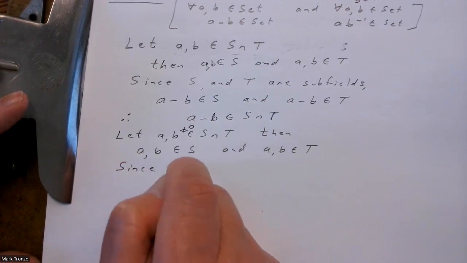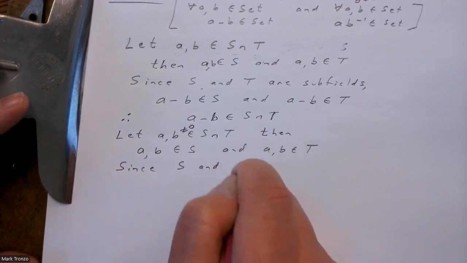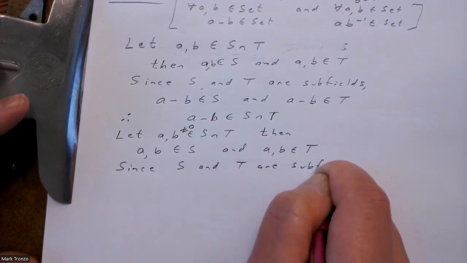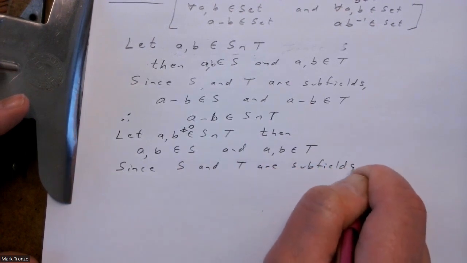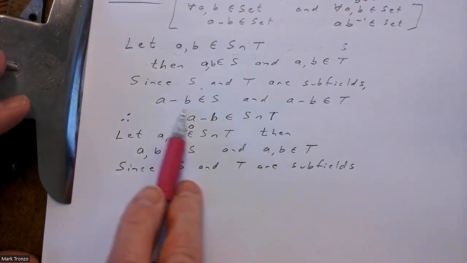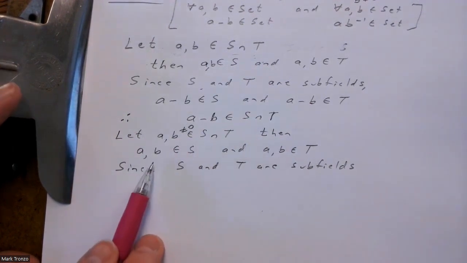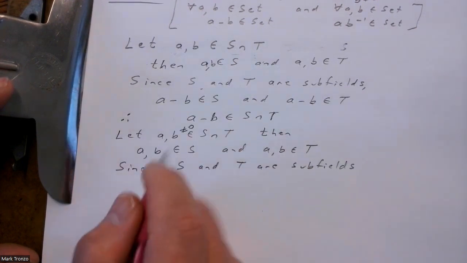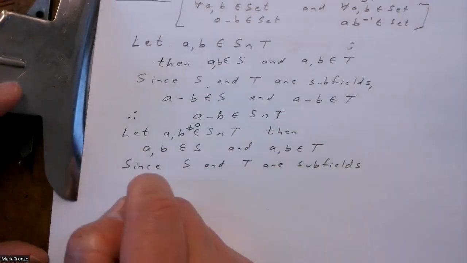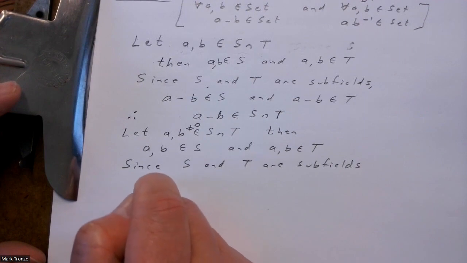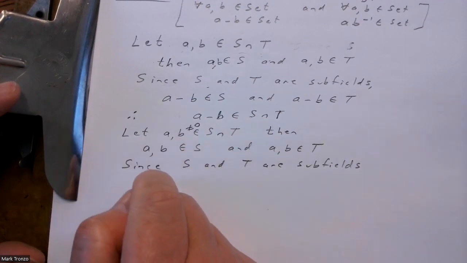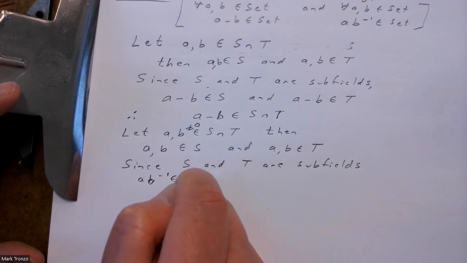But since S and T are subfields, they both will have had to obey the subfield test, which means for any two elements in the set, A times B inverse is going to be in the set.